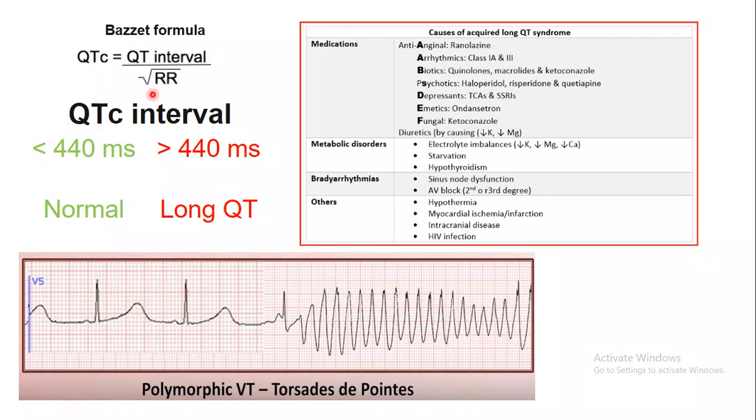To eliminate the effect of heart rate, we calculate the corrected QT interval, which is equal to the QT interval divided by the square root of the RR interval. Other common causes of prolonged QT interval, other than electrolyte imbalance, include several drugs, antibiotics, antipsychotics, antiemetics, and also ischemia.